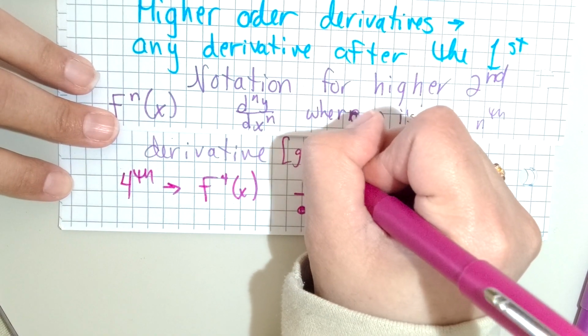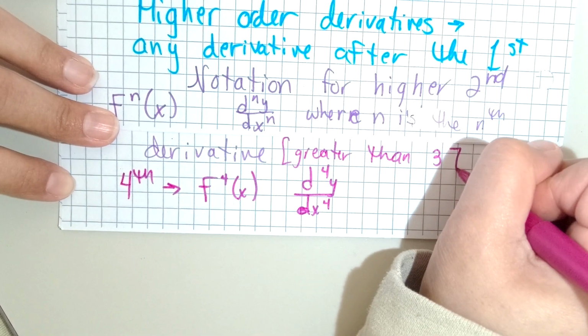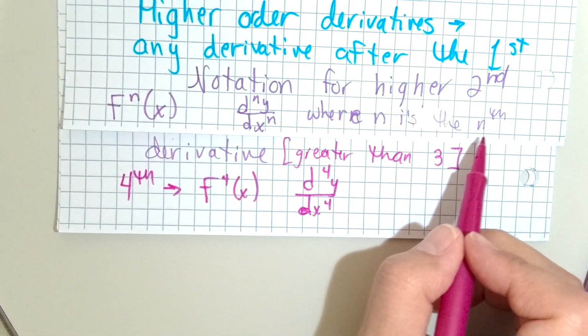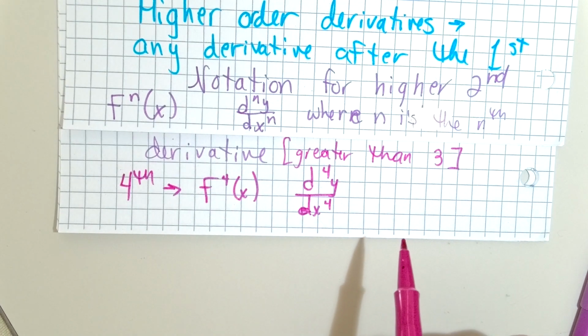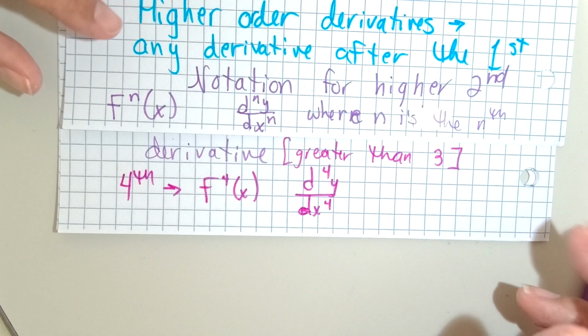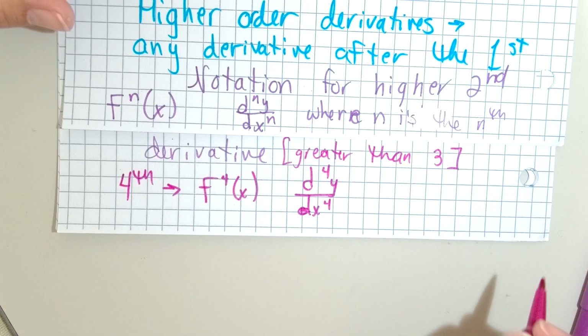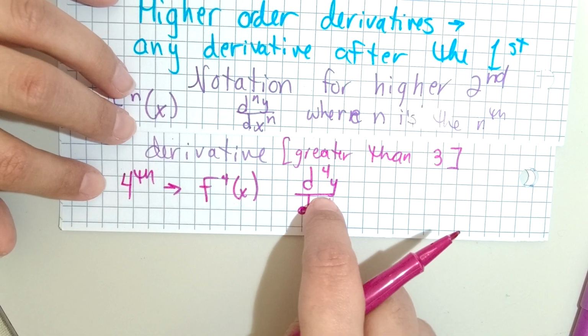Where n is the nth derivative. So like 4th derivative, 6th derivative. Okay? That makes sense? So this would be the 4th derivative.